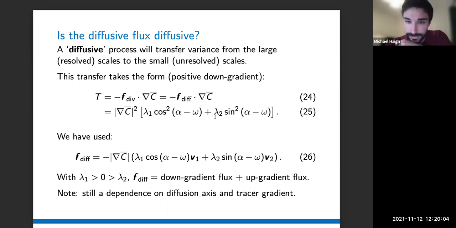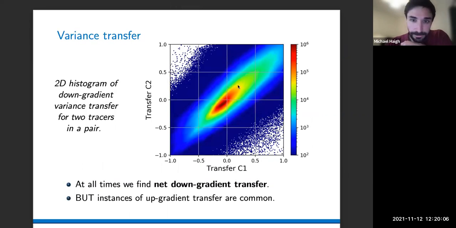But of course, we find that even when both transfers are upgradient, or both transfers are downgradient, we still get opposite signed eigenvalues in both of these cases as well. But to answer your question, yes, this upgradient transfer can only be represented using a negative diffusivity.